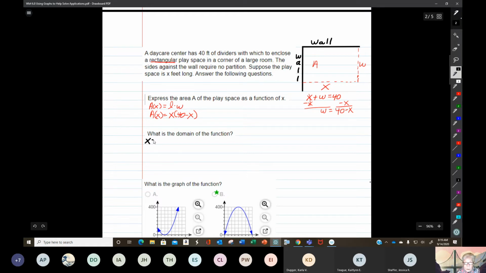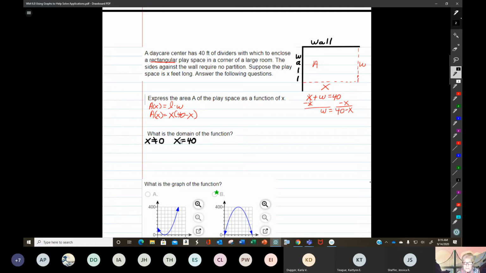X cannot equal 0 because then there would be no play space. And X cannot equal 40 because again, you would have no play space.